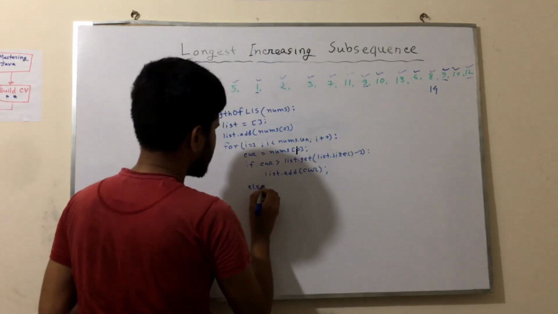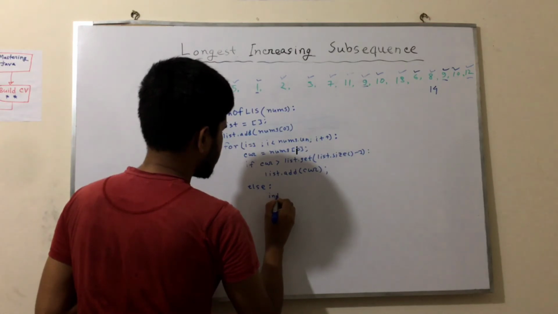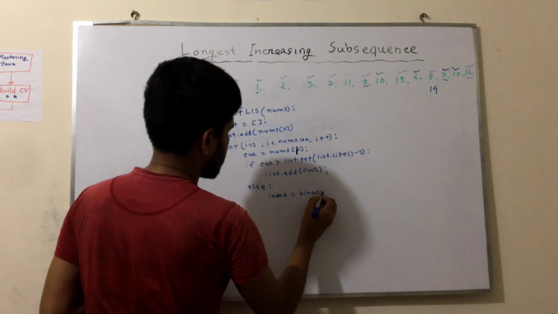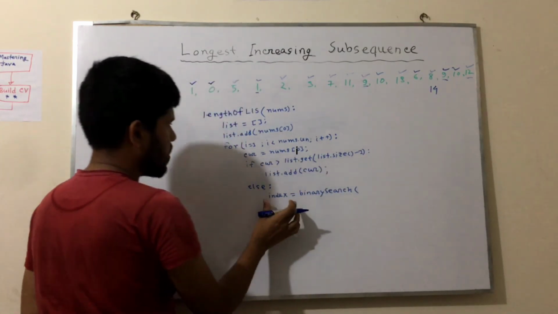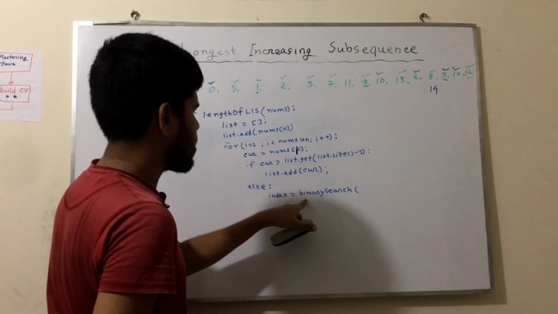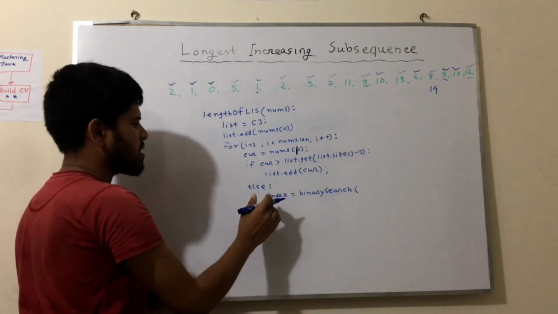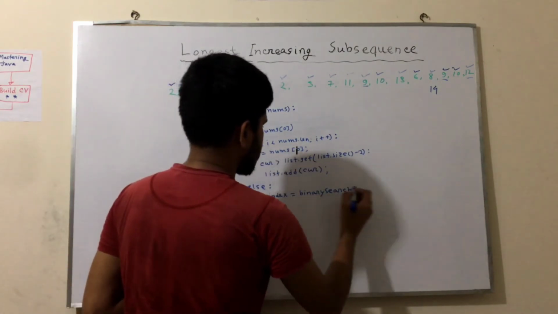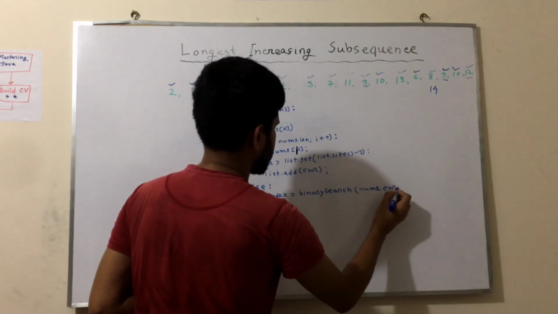Else, if this is not true, I'm going to find out the index. I'm going to call a function binary search. This function will return the index of the immediate next element of our current element. This function takes the given array and the current value.